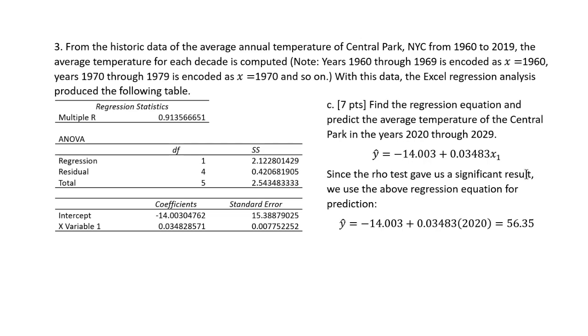So according to this data, the average temperature of the Central Park in 2020 through 2029 would be about 56.35.